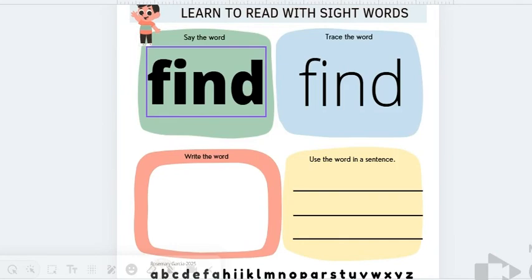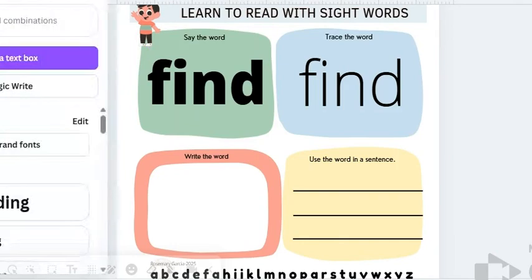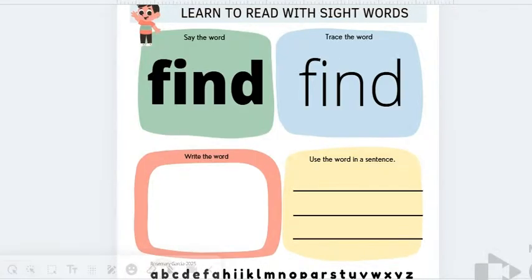F-I-N-D. Find. I am now going to trace it. Trace it with me. Letter F, I-N-D.